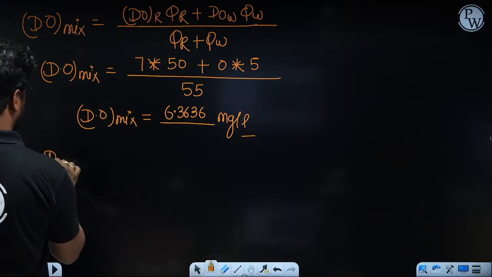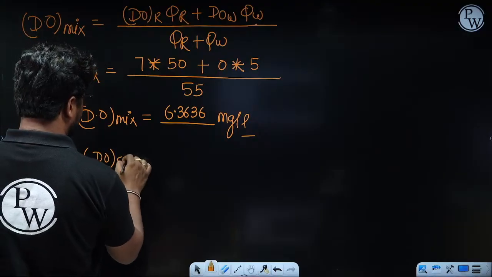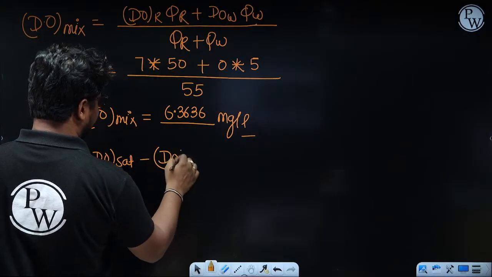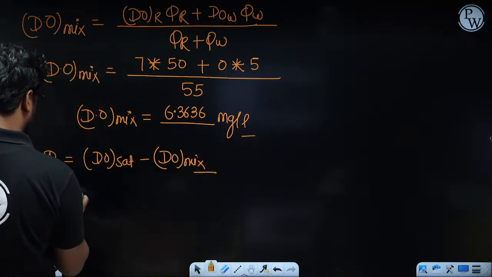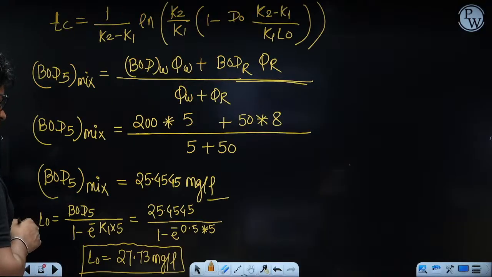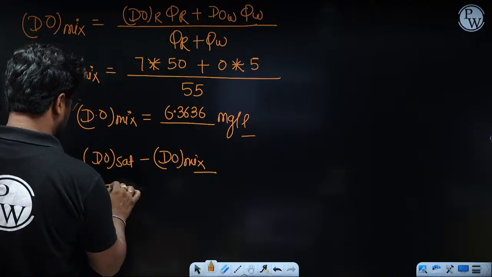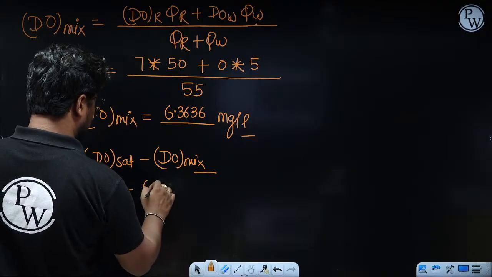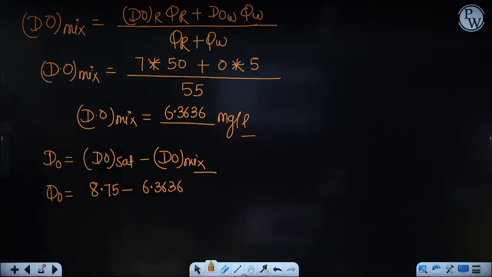So the initial oxygen deficit, if you want to find it out, will be DO saturation minus DO at the initial, the mix which we are talking about. So DO saturation we have 8.75 minus 6.3636. How much will it be?